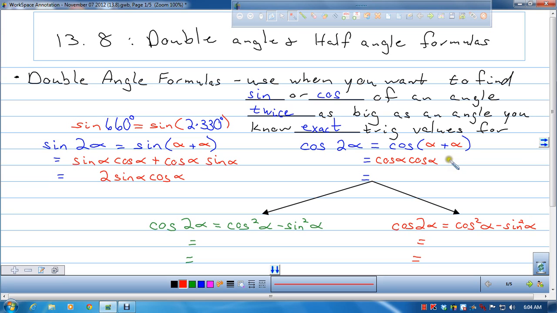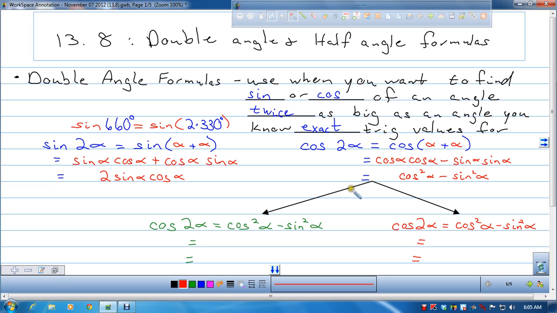And remember, we switch the sign for cosine addition. And then it would be sine alpha sine alpha. Well, that is cosine squared alpha minus sine squared alpha. Now don't be tempted to say that this is equal to 1. Remember, it's cosine squared plus sine squared that is equal to 1.